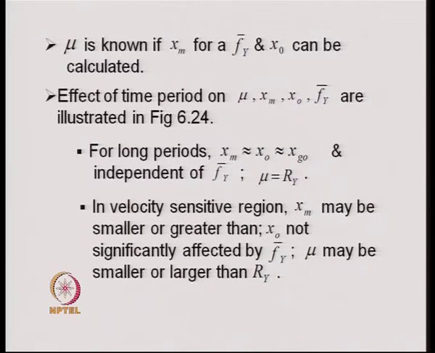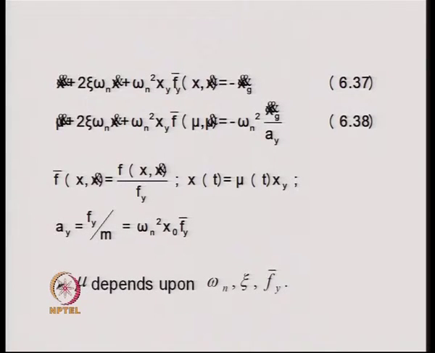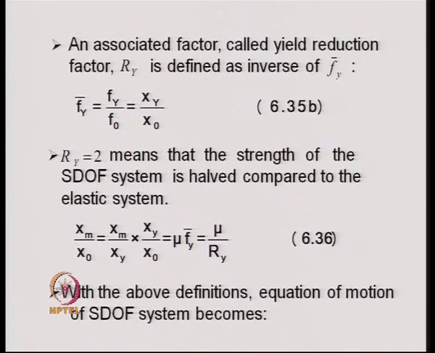Next, if mu is known, xm for a given f bar y and x0 can be calculated. That follows from the relationship that we have shown before, this important relationship given by equation 6.36.